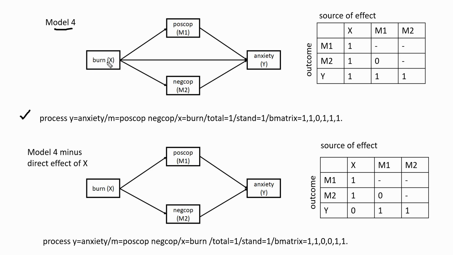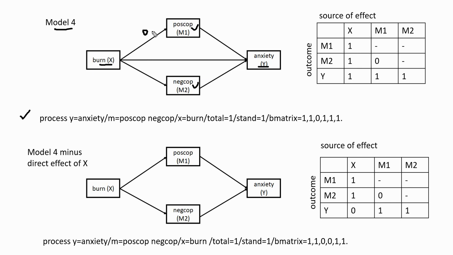So really quickly, taking a look at our model, we have burnout serving as the independent variable, anxiety serving as the dependent variable. We have positive coping and negative coping serving as proposed mediators of the effect of burnout on anxiety. All of the single-headed arrows represent direct effects within the model, and the indirect effect of burnout on anxiety is incorporated into two specific indirect effects.